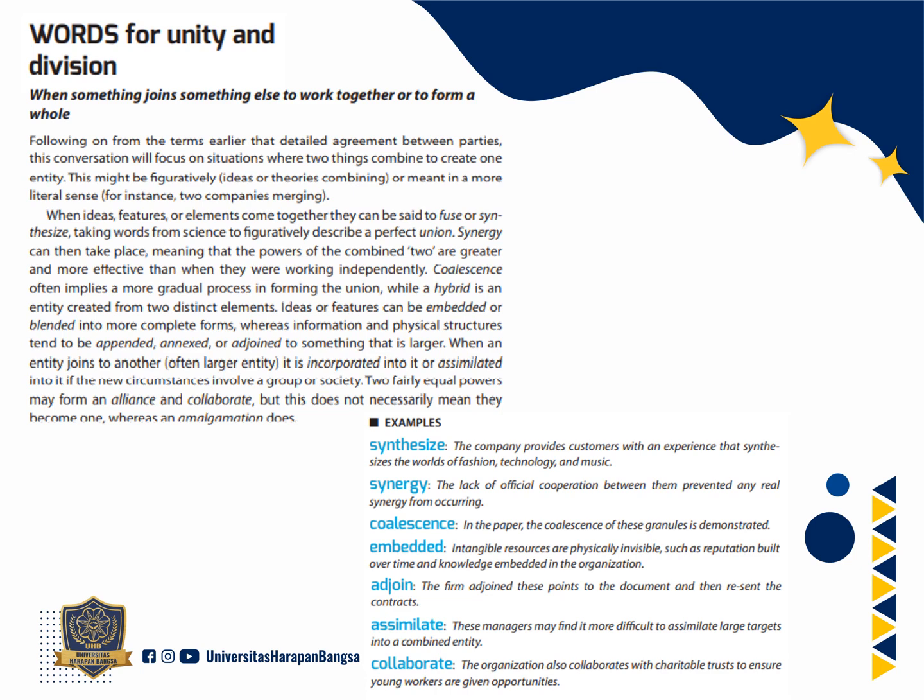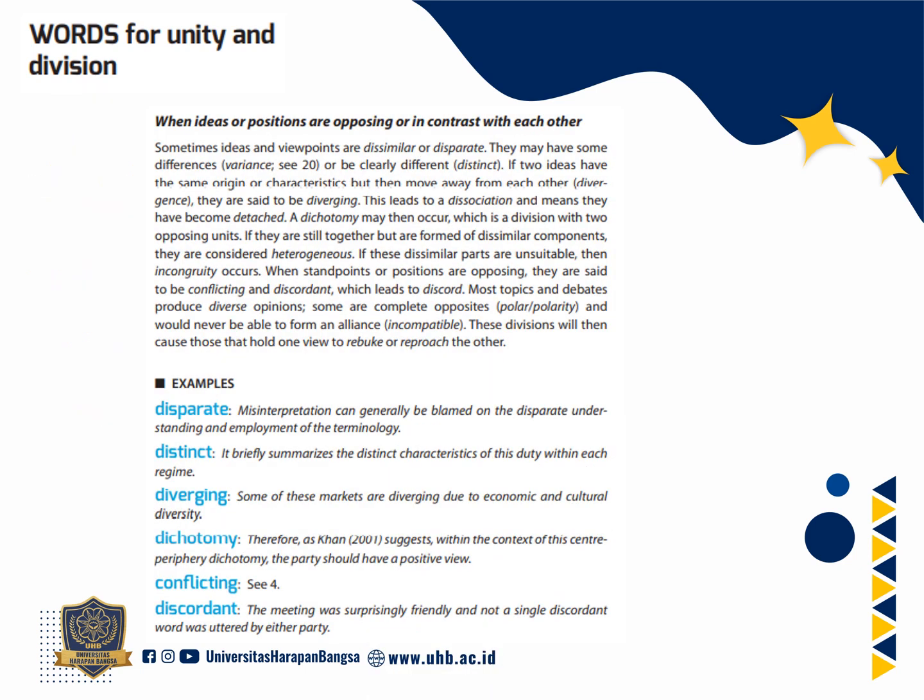Adjoin, assimilate, collaborate. Okay, now when ideas or positions are opposing or in contrast with each other, sometimes ideas and viewpoints are dissimilar or disparate. They may have some differences or be clearly different. If two ideas have the same origin or characteristics but then move away from each other, they are said to be diverging. This leads to a dissociation and means they have become detached.